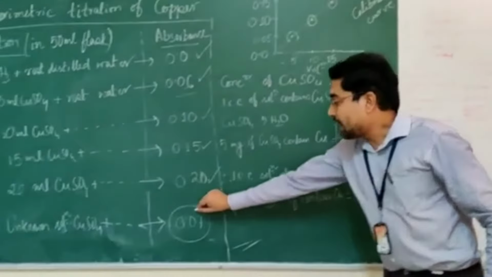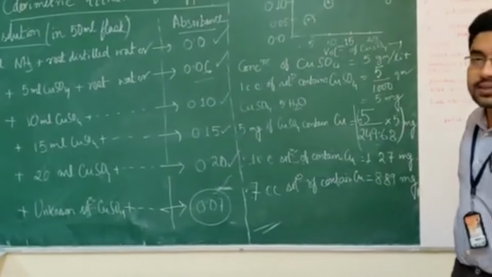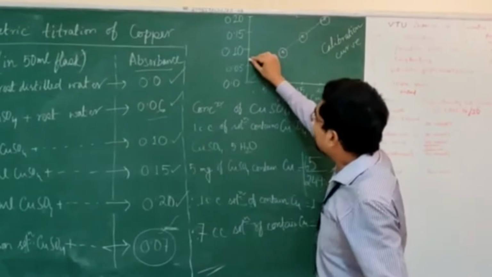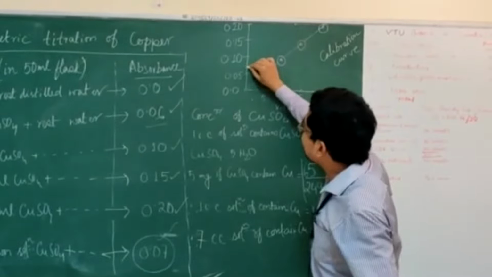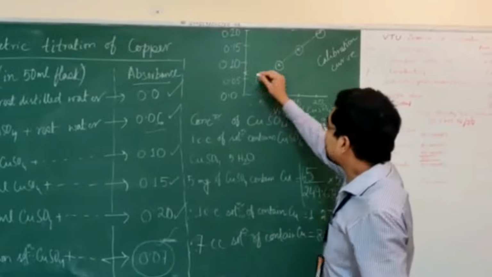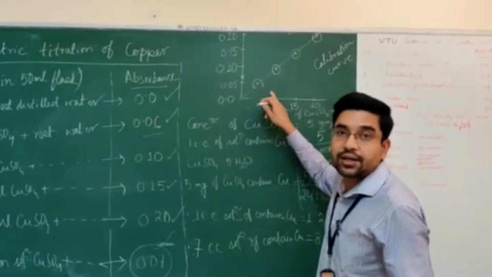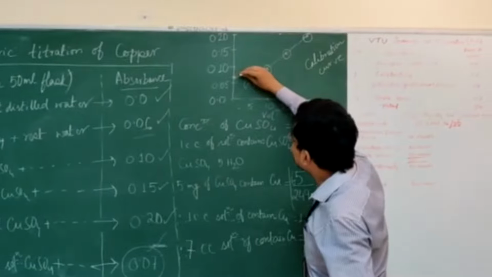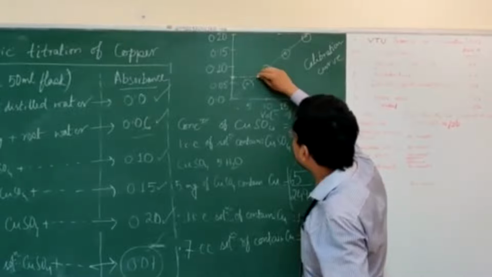Now, our unknown value of absorbance is 0.07. That's why I am going to mark the 0.07 value on the y-axis. So, to calculate what is the volume of copper sulfate for the unknown solution, I am just drawing a perpendicular.